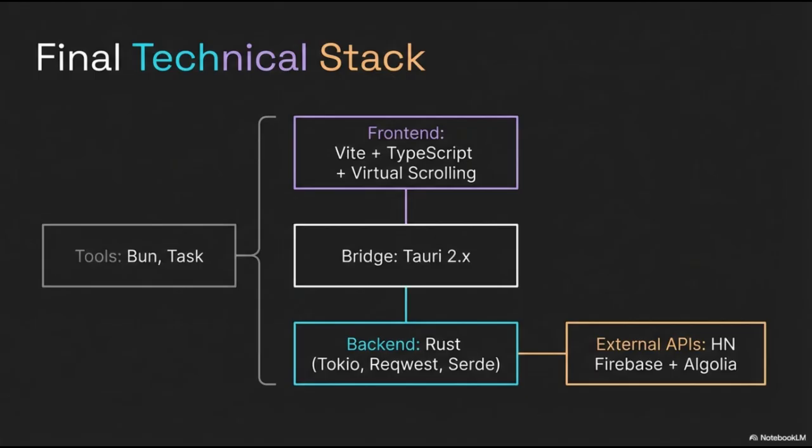Our backend is built entirely in Rust, utilizing the Tokio runtime for asynchronous processing, Reqwest for external communications, and Serde for efficient data handling. This backend interacts directly with external APIs, specifically the Hacker News Firebase and Algolia services, to provide real-time data and search capabilities. Supporting the entire development lifecycle are Bun and Task, which optimize our runtime performance and simplify project automation.